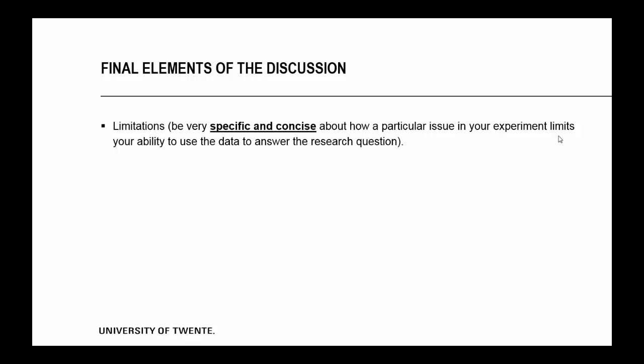Especially beginning researchers and students make the mistake of filling their discussion with only limitations. It's definitely important to be very critical of your own work, but it should not be without a clear reflection on how it impacts the ability to answer the research question.